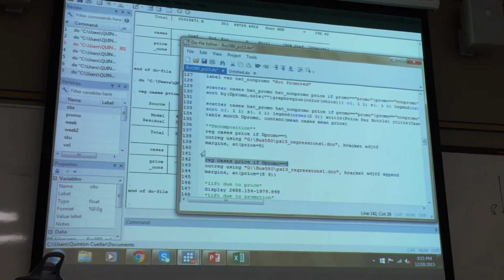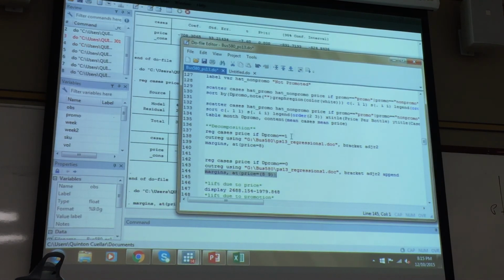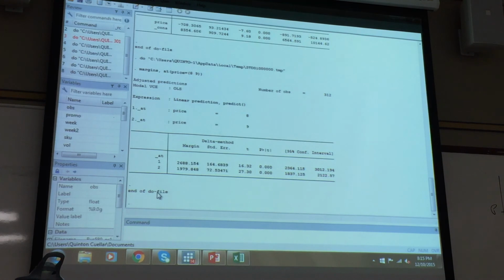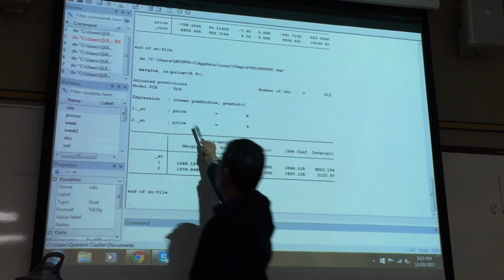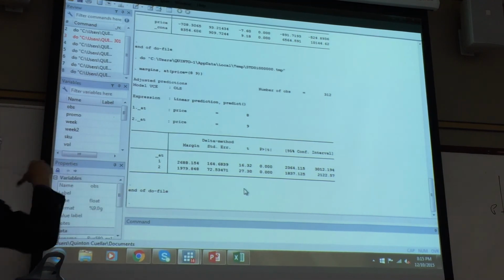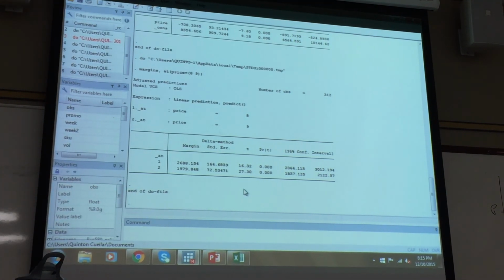So it's highlighted, and the nice thing about margins is that you can select as many prices as you want. I selected prices of 8 and 9. Getting the exact same numbers.